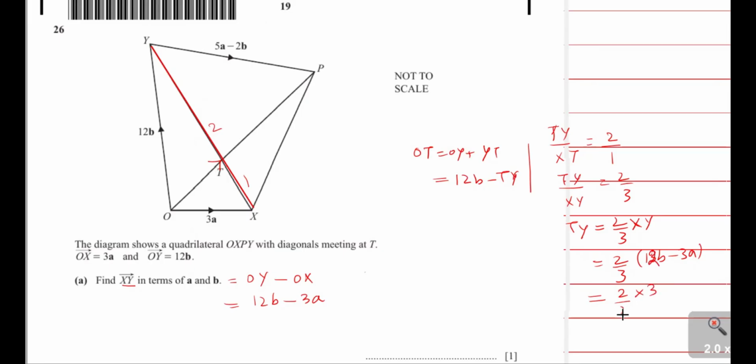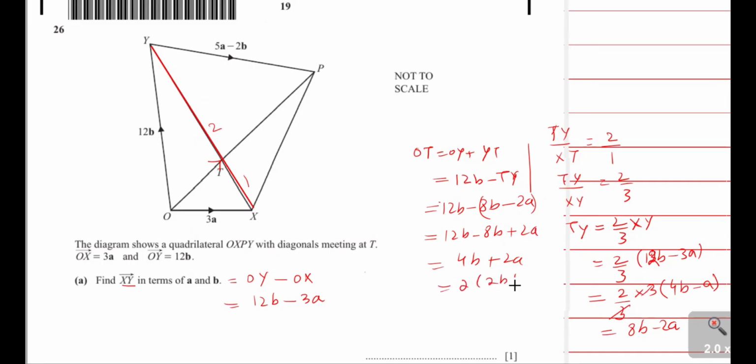Therefore, this value becomes 2 over 3 into 3, 4b minus a, and the 3 is cancelled, becoming 8b minus 2a. We write 12b minus (8b minus 2a), which equals 12b minus 8b plus 2a, and this will be equal to 4b plus 2a, and 2 is common, we write 2 into 2b plus a.